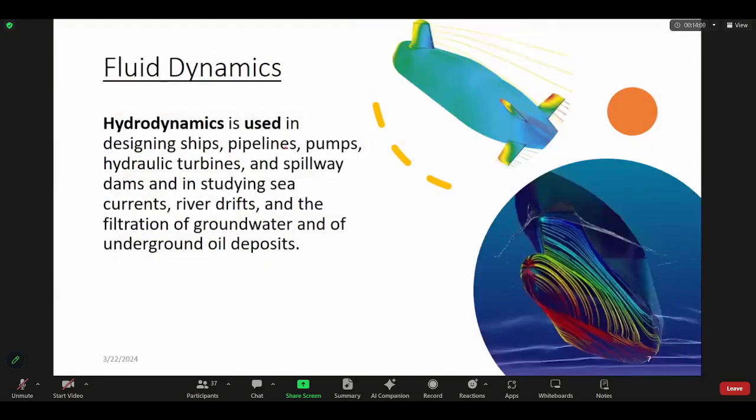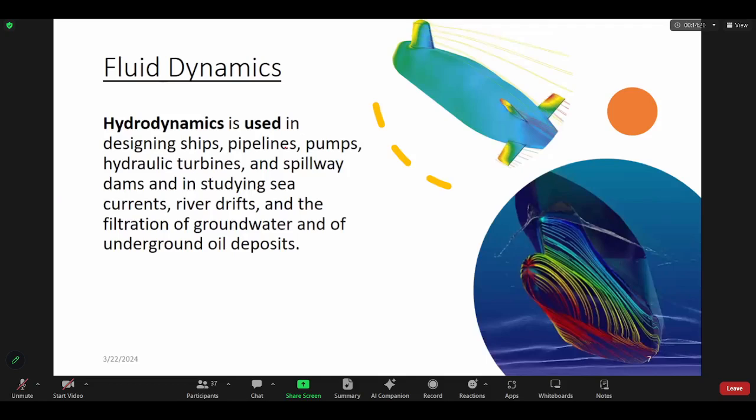This is hydrodynamics. Hydrodynamics is like aerodynamics, but a little bit different, because we work with liquids.